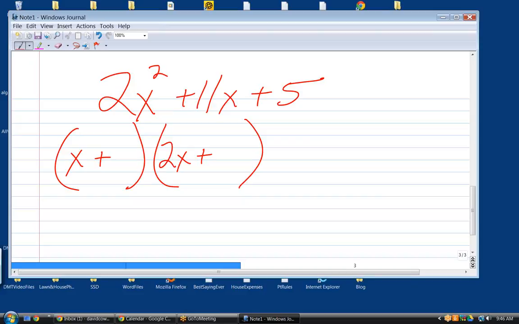What you can say is the only thing we know about these two numbers is they have to multiply to 5. Well, how many factors of 5 are there? Just 1. One set. So my answer is either 1 and 5 or 5 and 1. Which one produces the correct middle term?